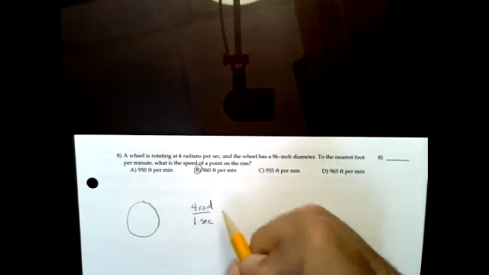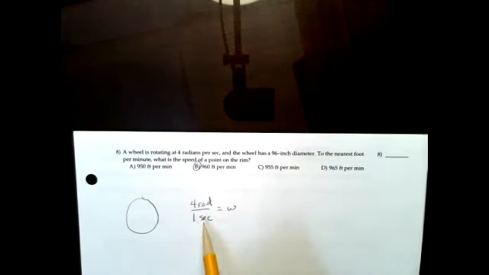I have a wheel rotating at 4 radians per second. What's that the formula for? Equals what letter? W. Yeah, excellent. W, the change in angle over the change in time.